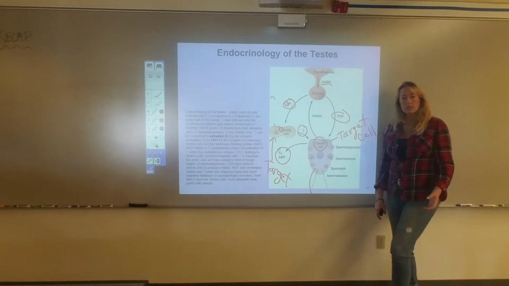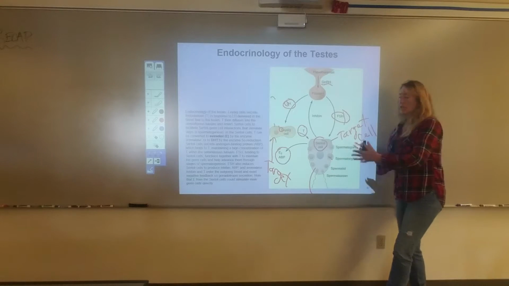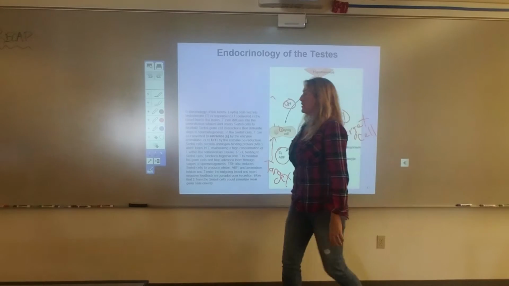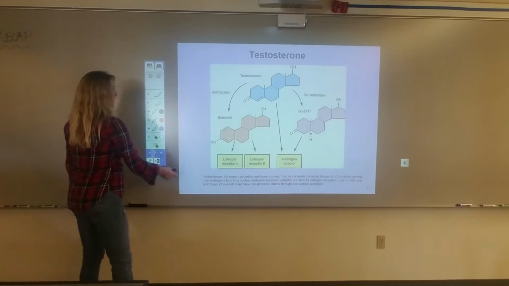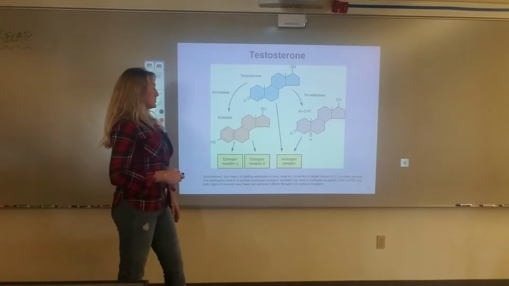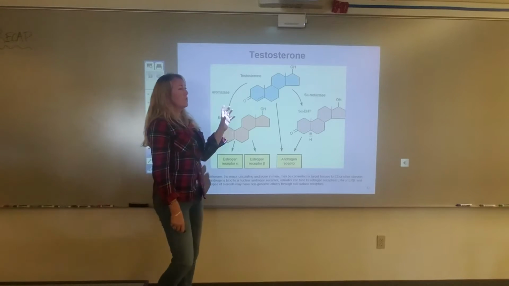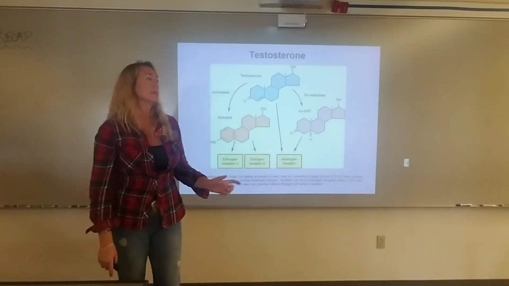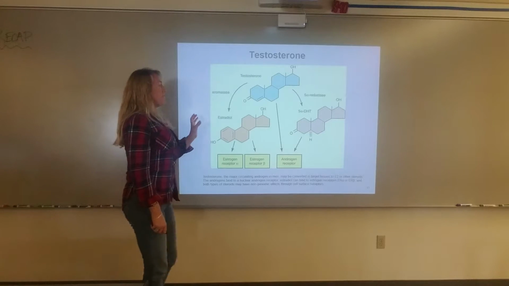Okay, so this is overall looking from brain to gonads, how we get the downstream response of the hormones that are made and how that impacts the meiosis of sperm. There are different responses of testosterone and estrogen or estradiol. This shows that these sex steroids are made from cholesterol, but they're very similar.